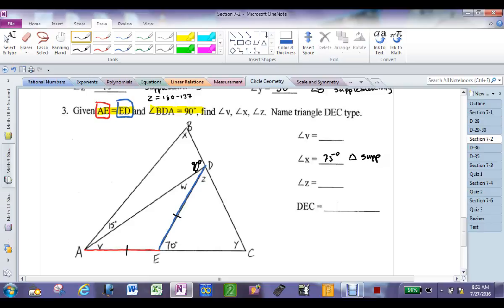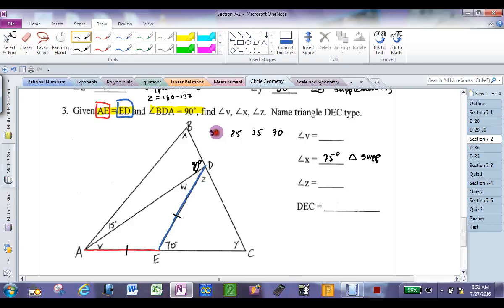What do you think V is? I got 20. I got 65. I got 70. We got a 70. We got a 20. Do I have any other guesses for V? 35. So V, so far I've heard 25, 35. Did I hear 70? 70. Anything else?